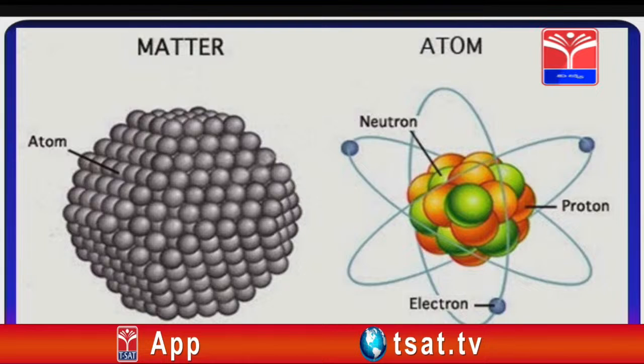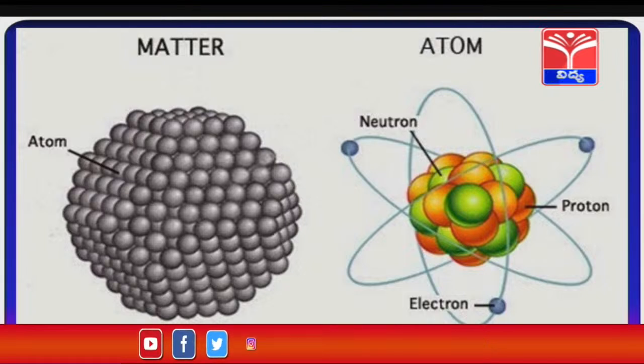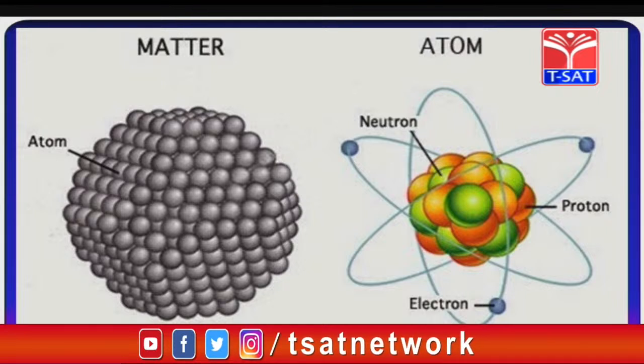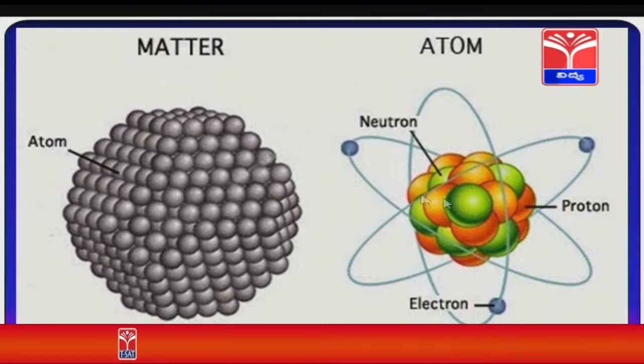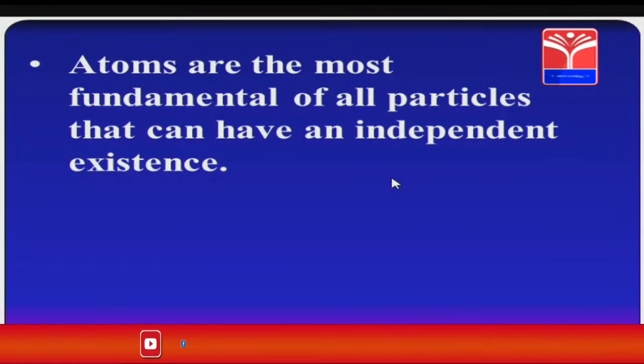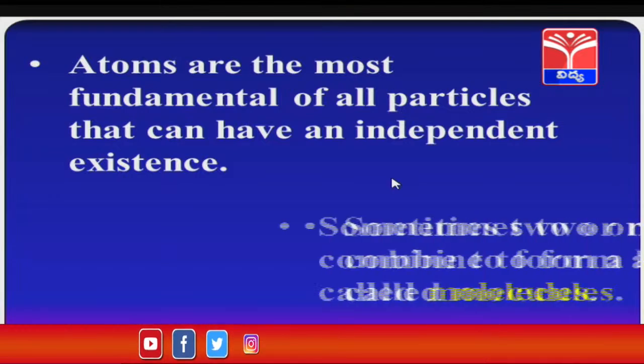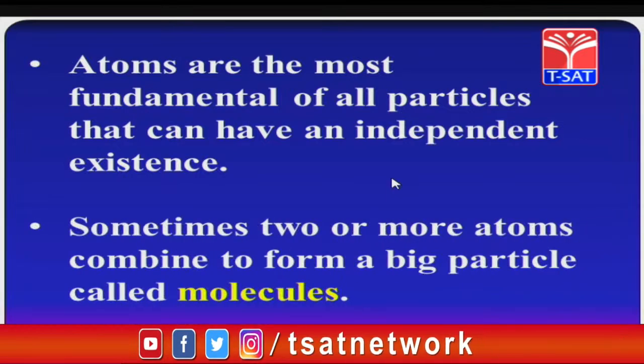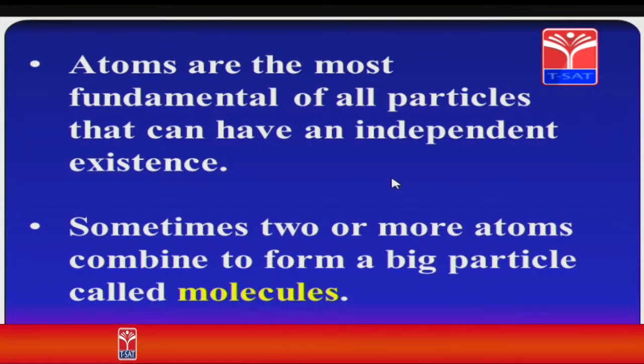This matter contains very tiny particles called atoms, and the tiny subatomic particles present in the atoms are protons, electrons and neutrons. Atoms are the most fundamental particles. They can have an independent existence. Sometimes 2 or more atoms combine to form a bigger particle called a molecule.